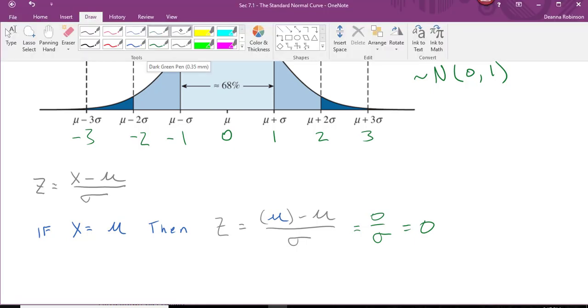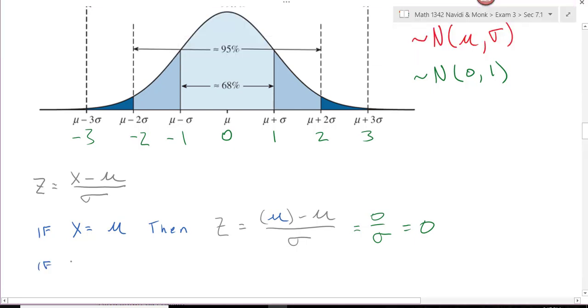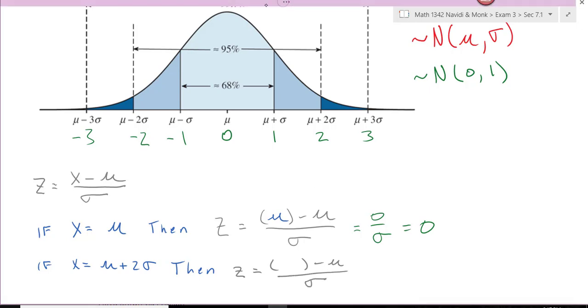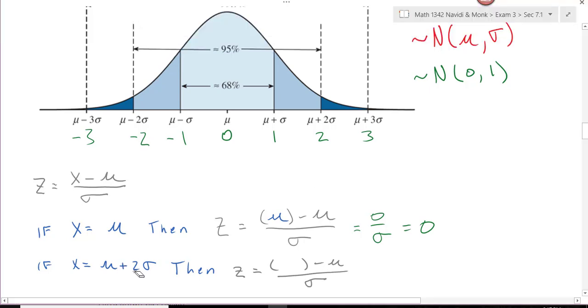Let's pick another one. What if X is equal to the mean plus 2 standard deviations? Then we start with the Z-score formula. Z equals X minus the mean divided by the standard deviation. And in place of X, I'm going to drop in mu plus 2 sigma. Well, what's the mean plus 2 sigma minus the mean?